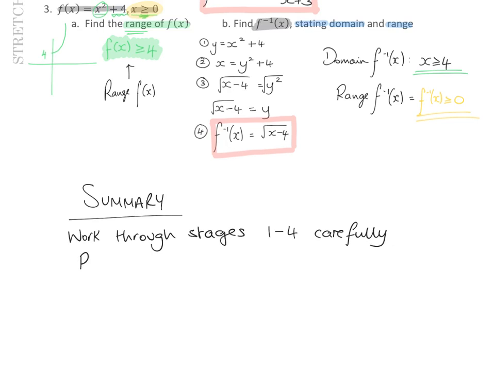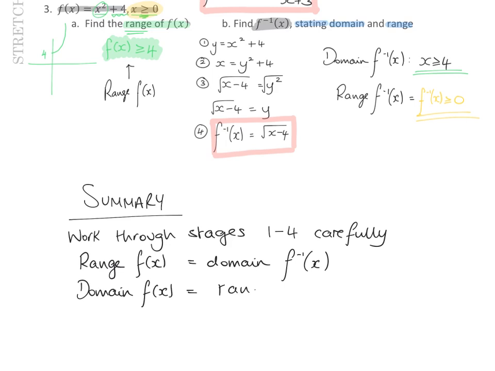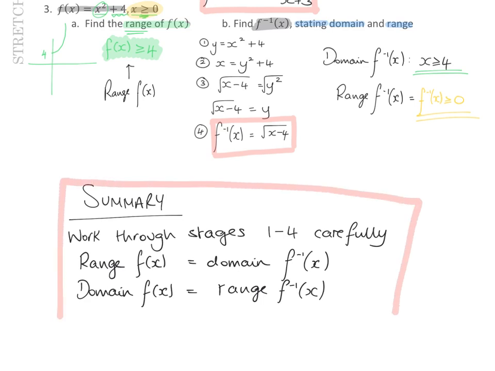Now, the range of f of x equals the domain of f minus 1 of x, and the domain is the range. And that is the end of our summary. Don't forget the things you've learnt before. If you need to go back and look at the introduction to functions, that will be really helpful.